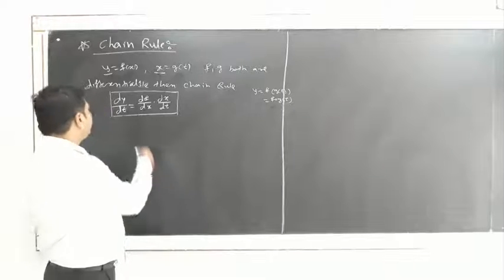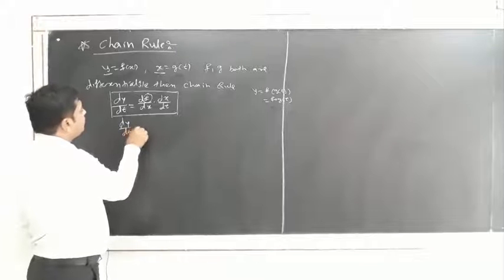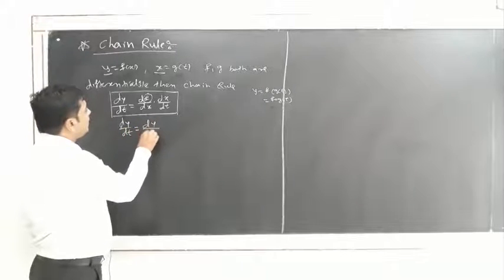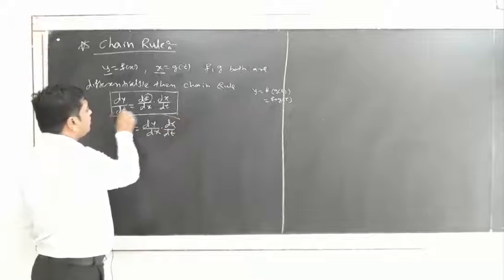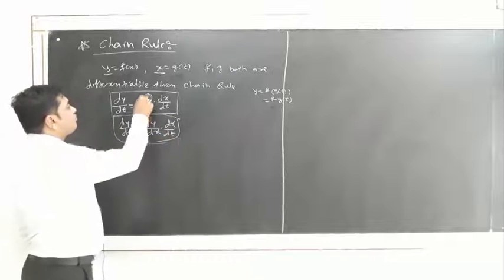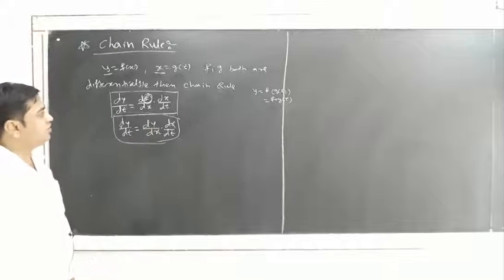Or dy by dt is equal to dy by dx into dx by dt also, since f can be written in the form of y also.